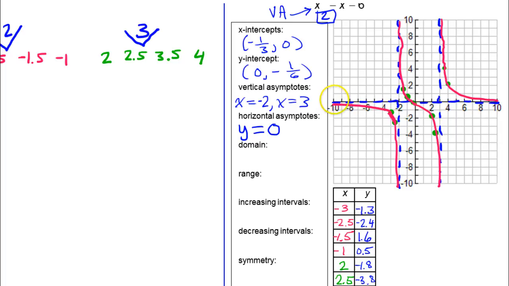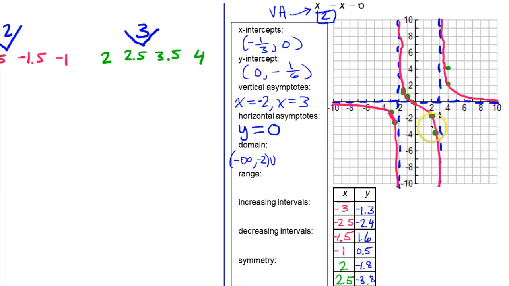This graph begins over here, but it goes forever, so that's negative infinity, and it ends right here. This piece goes from negative infinity to -2. All right, so that's the first part of our domain, negative infinity to -2.